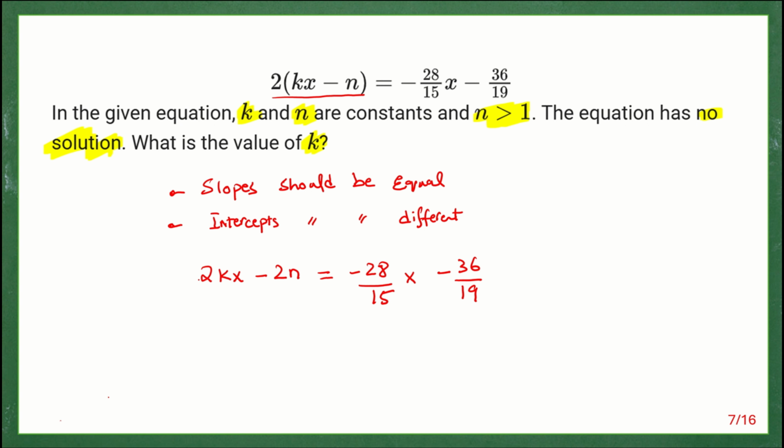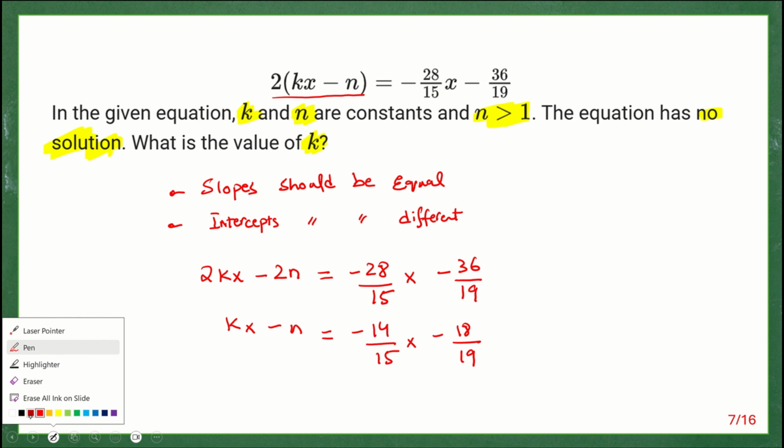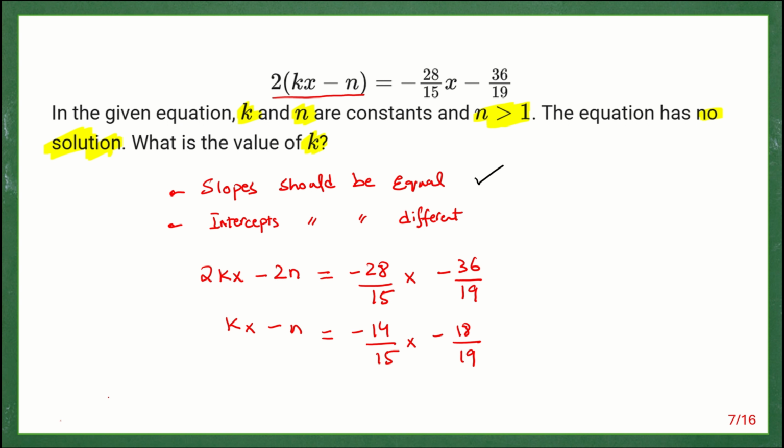I can take this 2 out and cross multiply and get rid of that 2 here. So let's do that. It will become kx minus n equals to minus 14 over 15 x and minus 18 over 19 here. Okay, now once we have this expression, let's see our conditions that the slope should be equal.